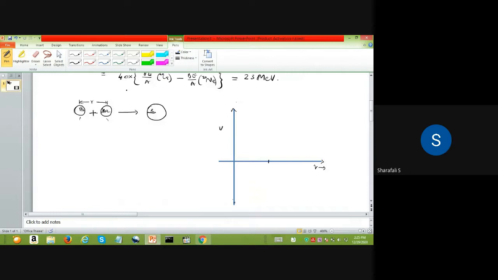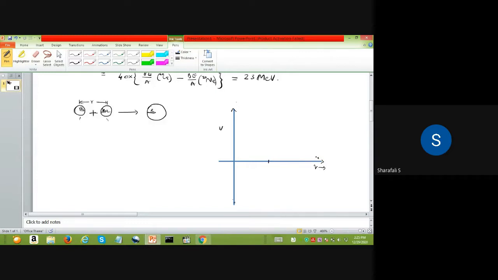When two positive charges come closer and closer, there will be a Coulombic repulsive force and a Coulombic repulsive potential associated with that force. When r is at a very large distance, there is no interaction, or the interaction is very small, but when r is reduced, the Coulombic repulsive force will appear. Because the force is repulsive, we have a potential which is positive.